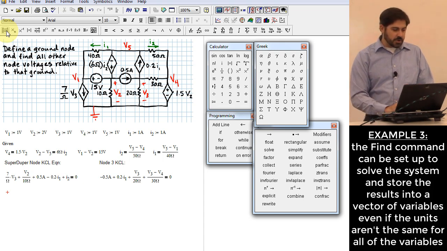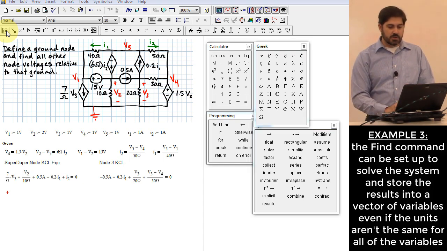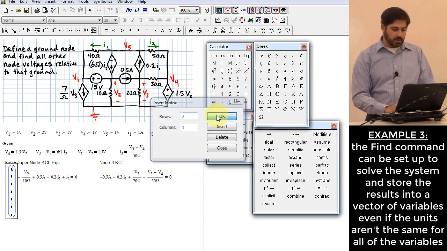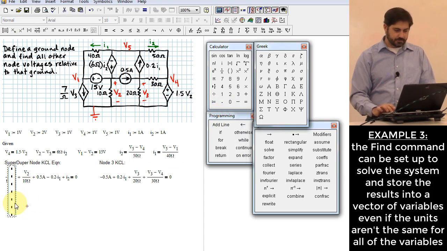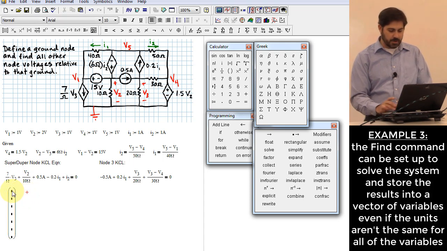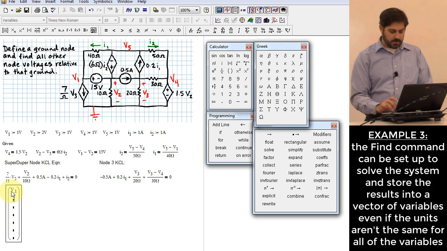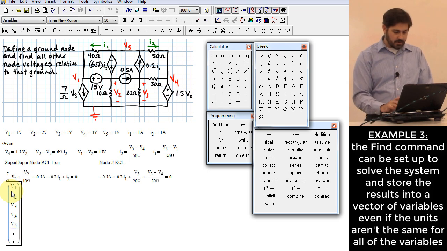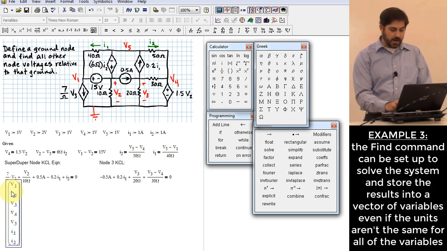In MathCAD, what you want to do if you have that scenario is you want to insert a matrix first and then put the names of all your variables you're trying to solve for, right? V1, V2, V3, V4, V5, I1, and I2. And then say find, and then name all those again, right?